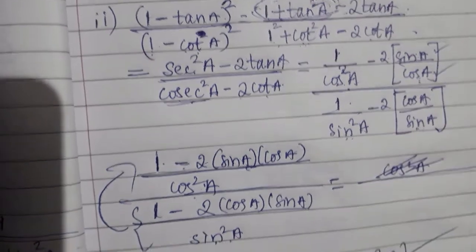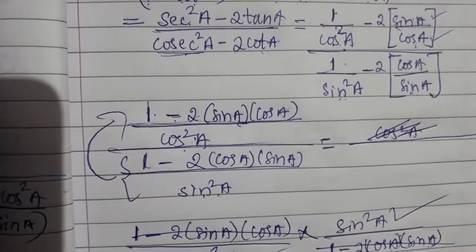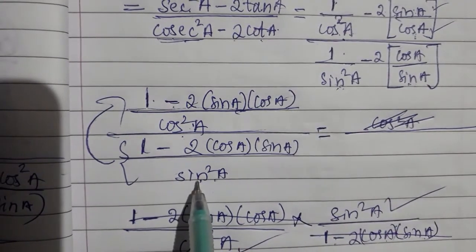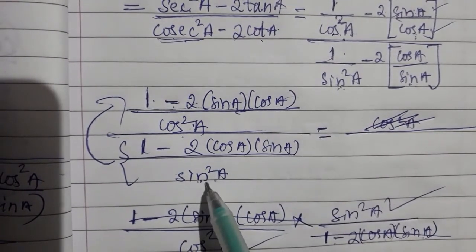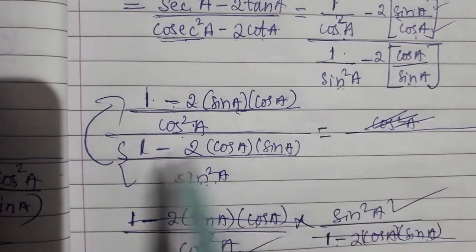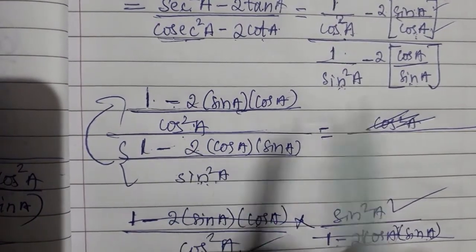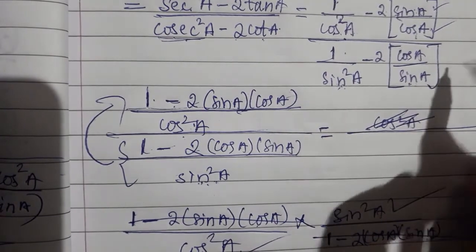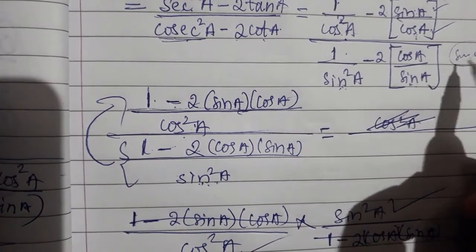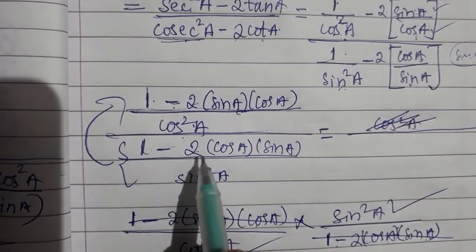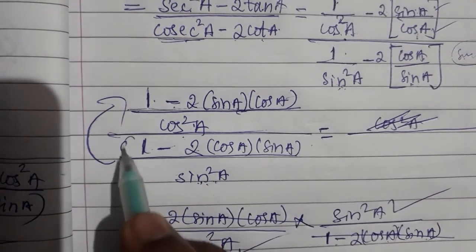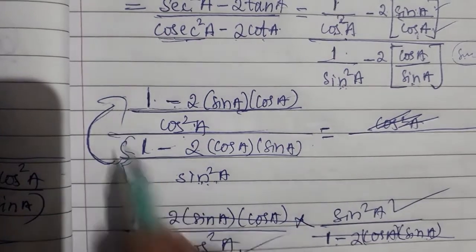Now denominator, same procedure. Sin²A will become the LCM. So here sin²A and this denominator are the same, so 1 will remain as it is, minus 2. Now you can notice sin²A when divided by sin A, only sin A will remain. This sin A you have to multiply to the numerator, so it will become 2 into cos A into sin A. Now this denominator you shift to the numerator.